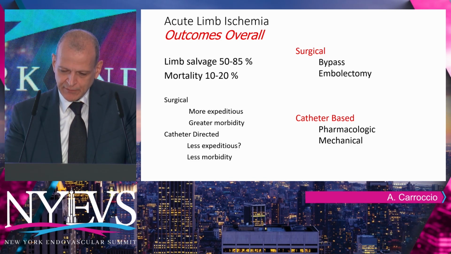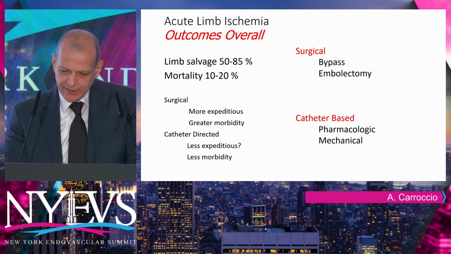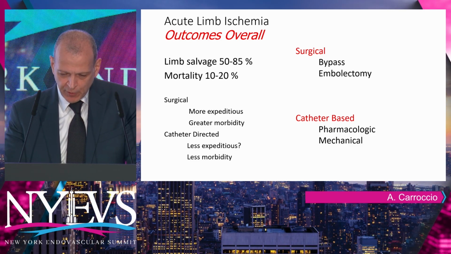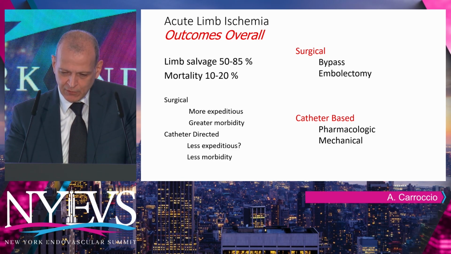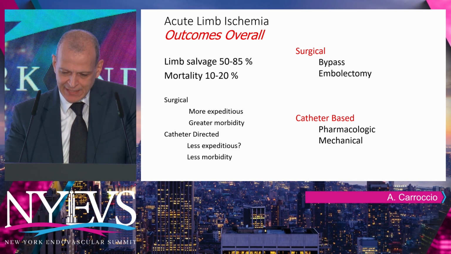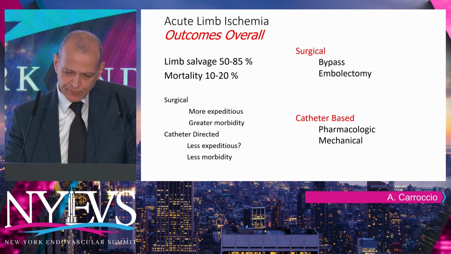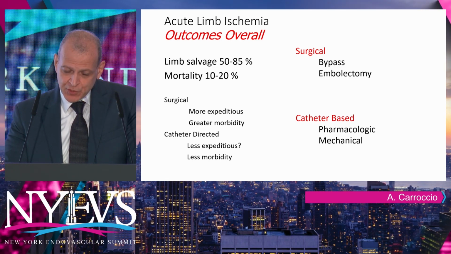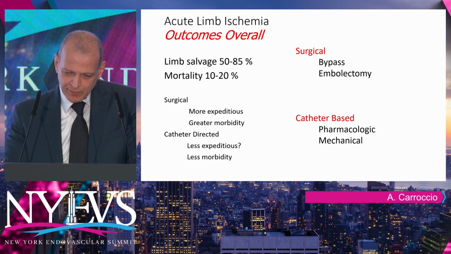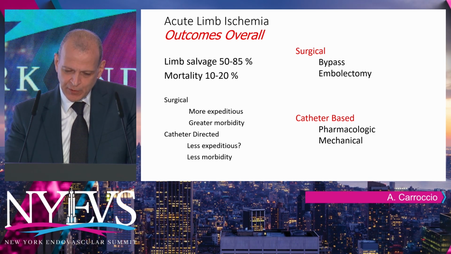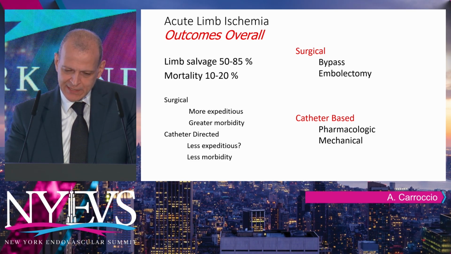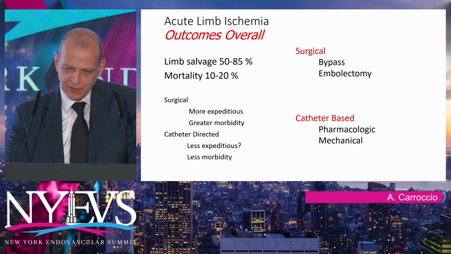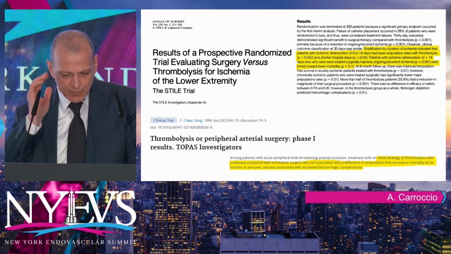Catheter-based includes pharmacologic in terms of TPA or urokinase, depending on what part of the world you're in, as well as the mechanical component with it, which is aspiration of various modalities. Traditionally, surgery was more expeditious. I think that's debatable now. Based on skill set and equipment available, that might not necessarily be more expeditious than catheter-based therapy, and certainly open to some questions.